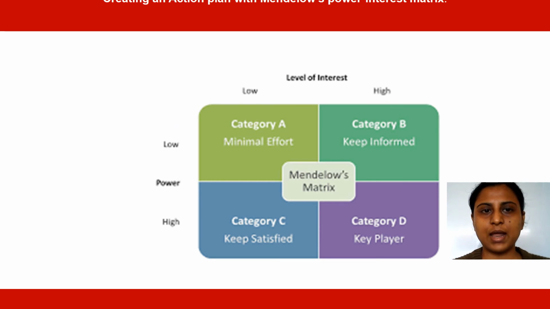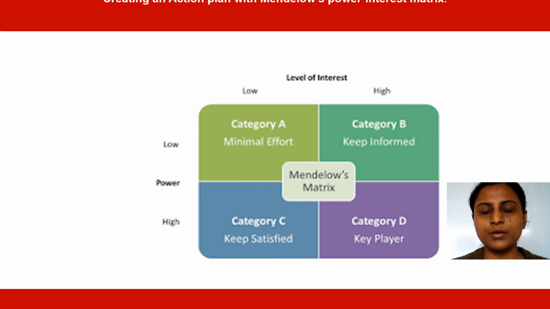So let's look at creating an action plan. The position that you allocate to a stakeholder on the grid shows you the actions that you need to take with them. So for high power, highly interested people, the aim is to fully engage these people, making the greatest efforts to satisfy them.